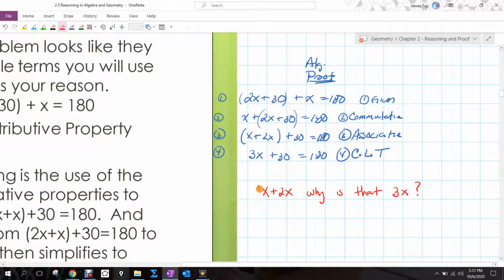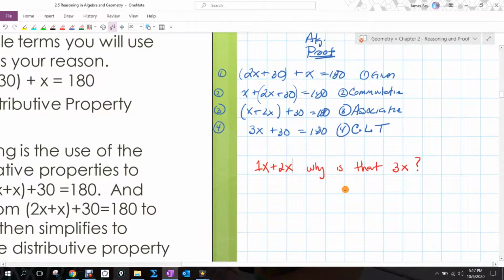People will say, oh, because when we have like terms, the same variable with the same exponents, we add the coefficients out front. We know coefficients are the numbers out front. I would say, yeah, that's exactly what we do. But then I'm going to ask the question, why do we do that? Because you really haven't answered why. You answered what you've been told to do, and how to do it, but you don't have the why yet.